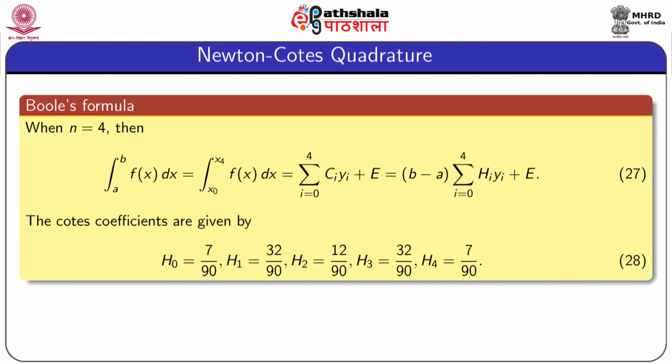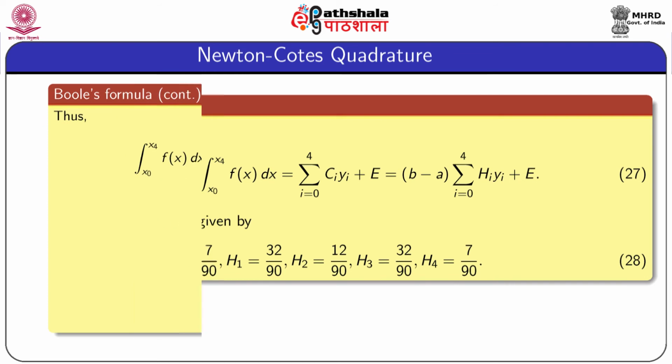Now, consider the case n equal to 4. In this case, the integration a to b of f(x) dx is approximated as the integral x0 to x4 of f(x) dx, which is equal to (b minus a) into summation i equal to 0 to 4 of hi yi plus e, where the Cotes coefficients are h0 equal to 7 by 90, h1 equal to 32 by 90, h2 equal to 12 by 90, h3 equal to 32 by 90 and h4 equal to 7 by 90.